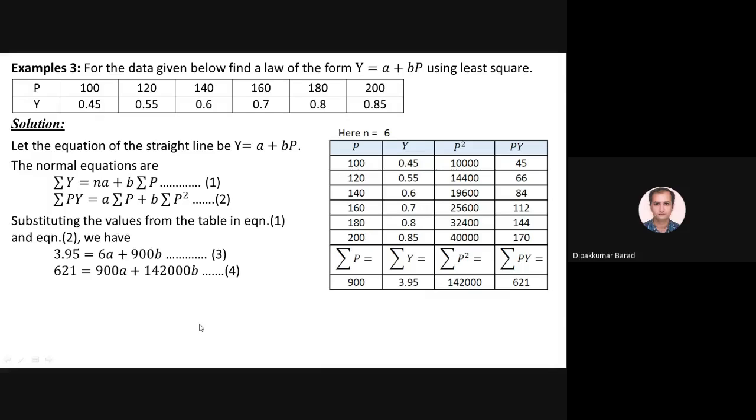You can easily solve them. Later on, we have to solve three linear equations in three variables for the quadratic equation.